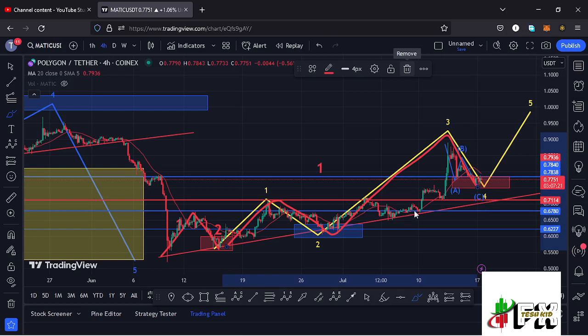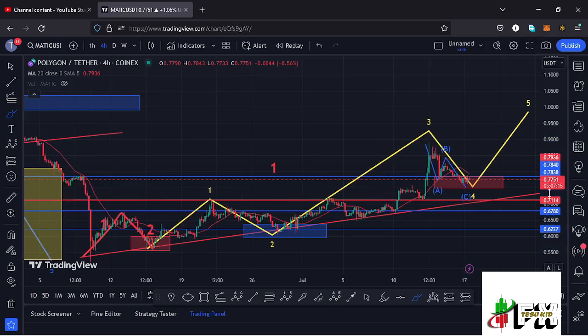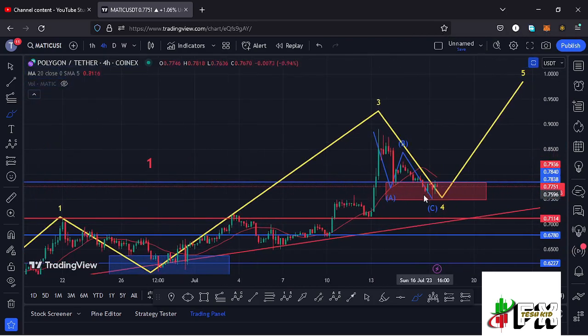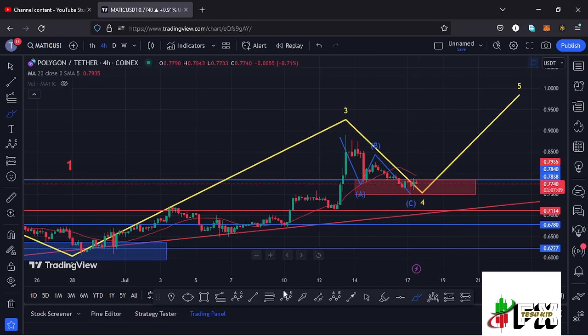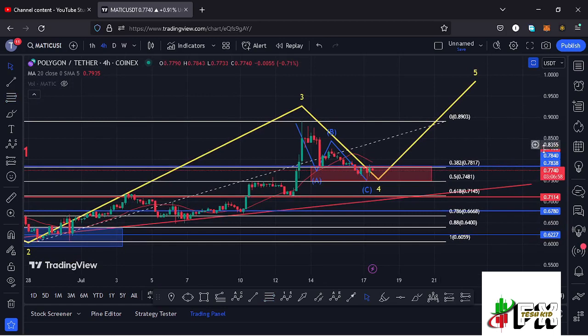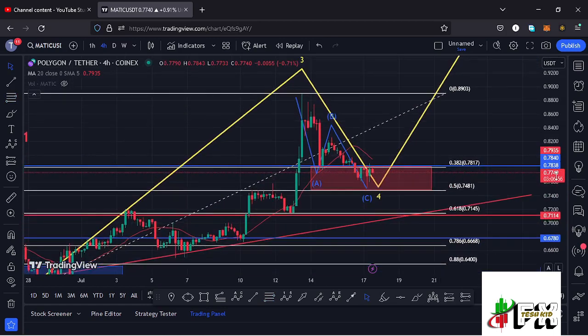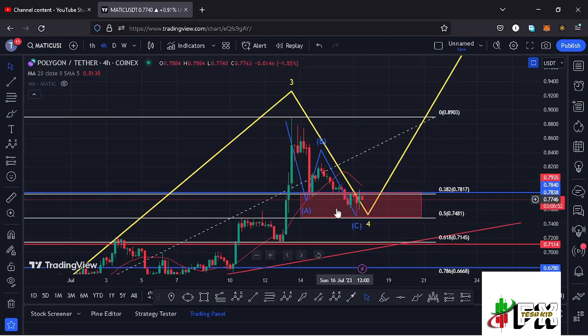And in my previous videos, I have been discussing the minimum target area for the fourth wave, which I have highlighted on the charts using this red target area, which is an area that I also came up with by connecting the Fibonacci from the low of the second wave to the high of that wave 3, giving me a minimum retracement area between the Fib level 0.382 and the Fib level 0.5, which is an area that we have now fully maximized.